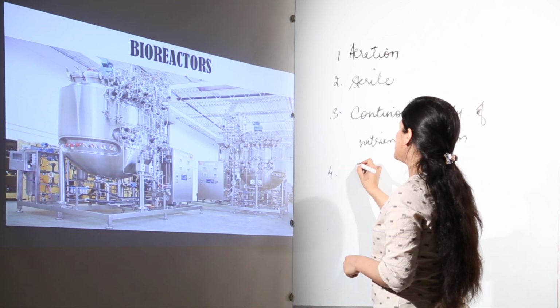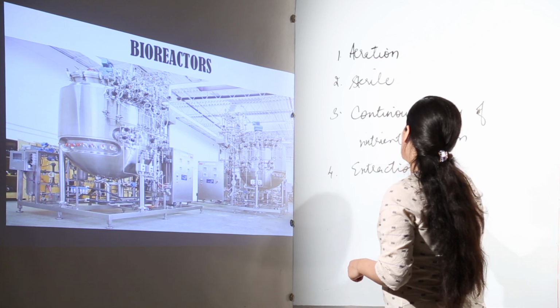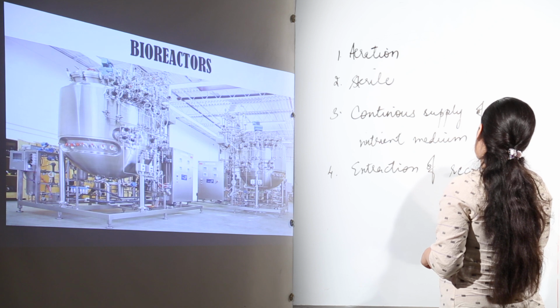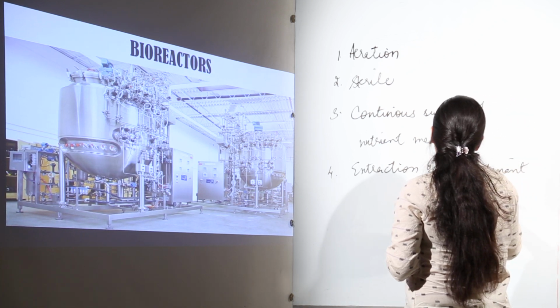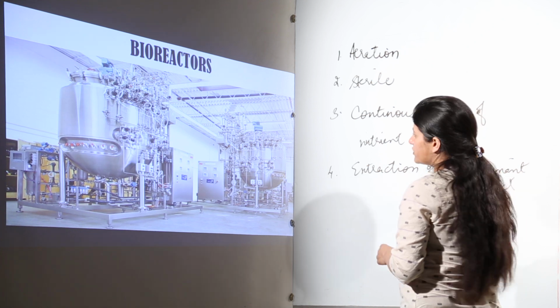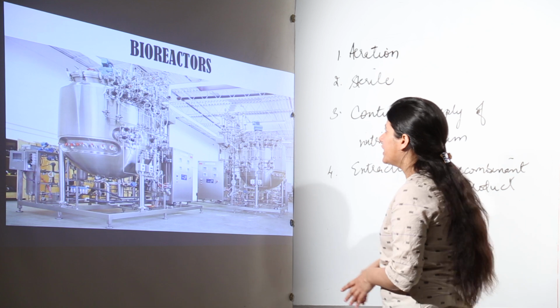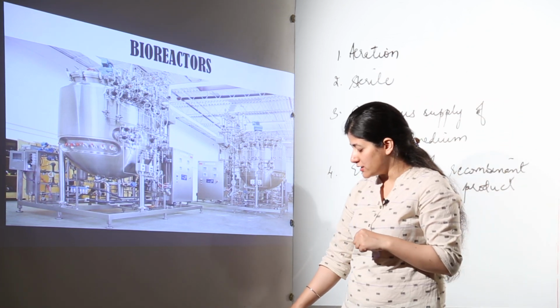And lastly, there should be extraction of the recombinant product, or protein. These are the four steps which one aims at achieving when he or she sets up a bioreactor. Now, bioreactors are of two types.